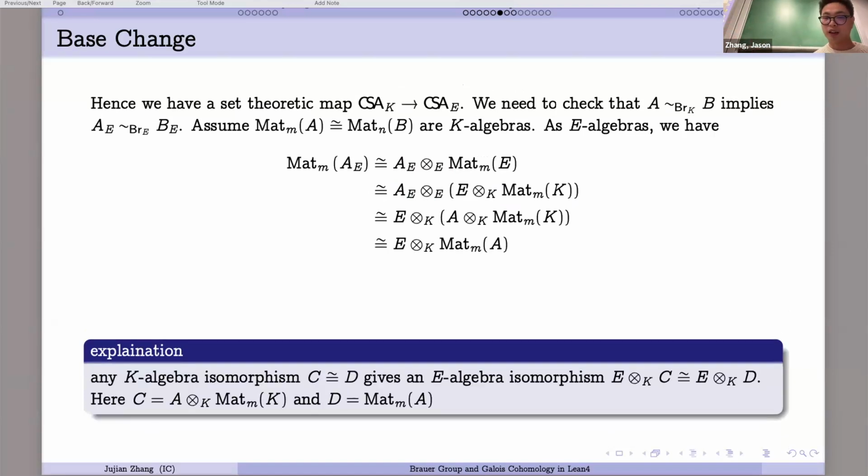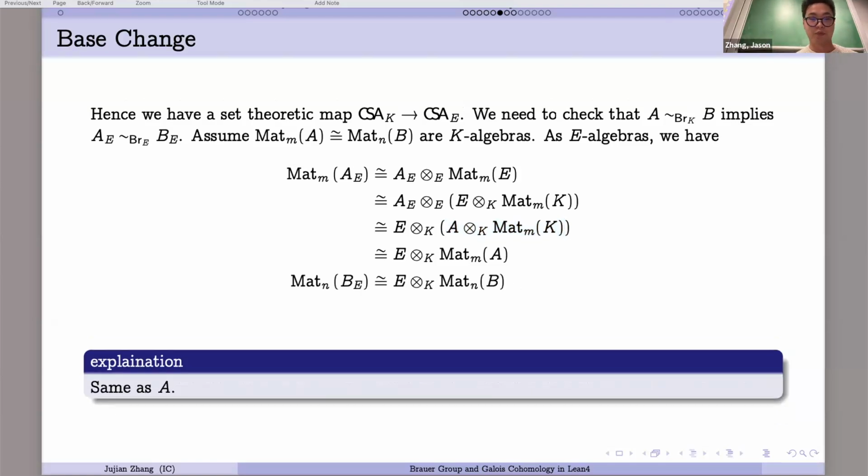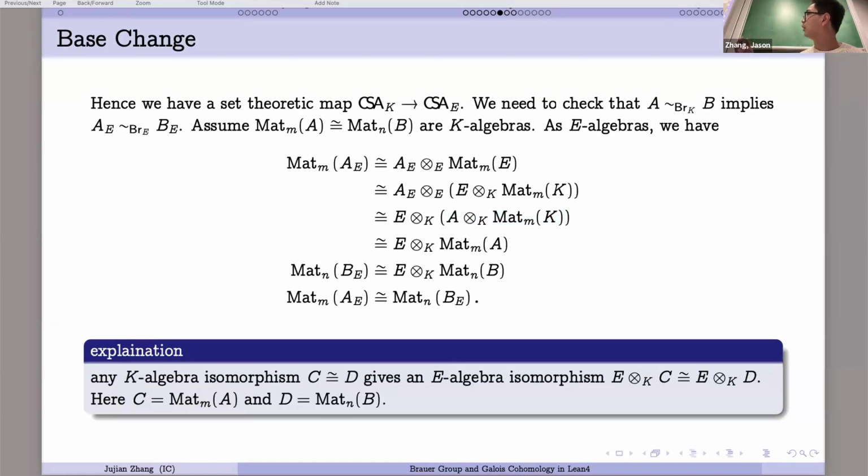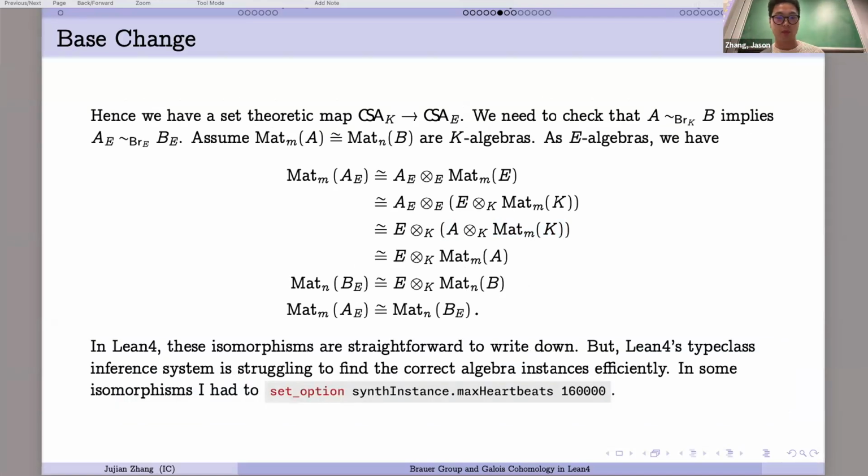And finally, we can use the isomorphism in the first step again to combine A tensor the matrix into the matrix ring over A. And we do the same for B. And we combine these two together, and we will see that in fact they are Brauer equivalent over E.